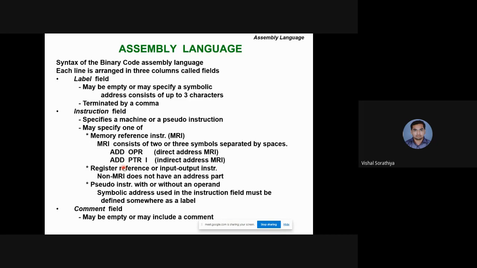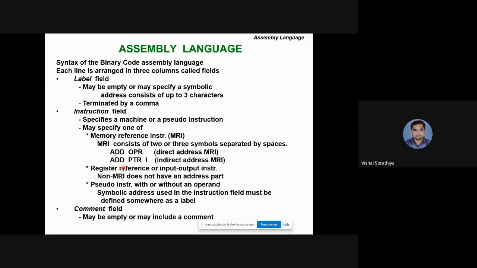It will be like ADD OPR, a direct address, we can say a memory reference instruction. ADD PTR, an indirect address. We can also have register reference instructions, input output instructions, and pseudo instructions without an operand. Likewise, the instruction field is there. And then the comment field may be empty or may include a comment.